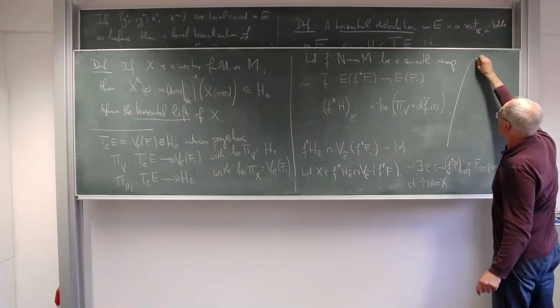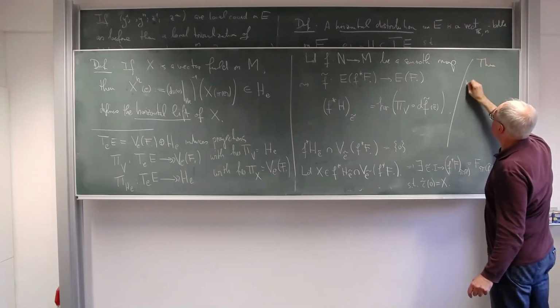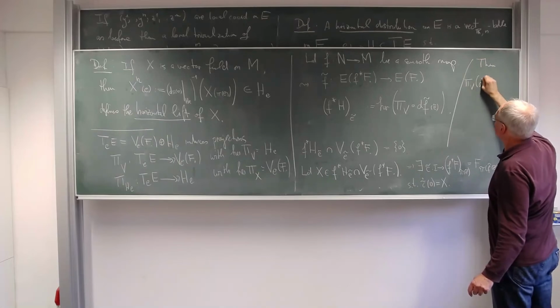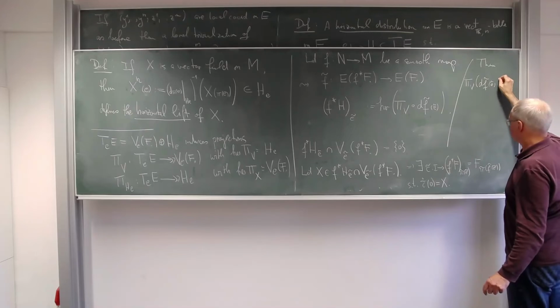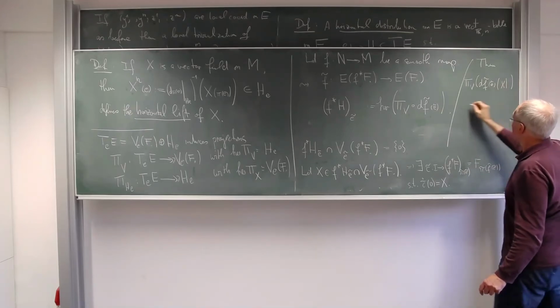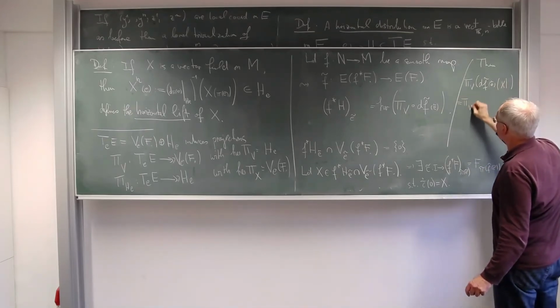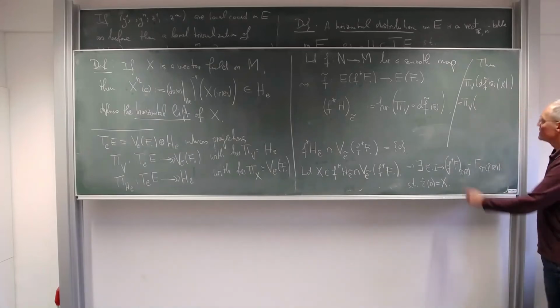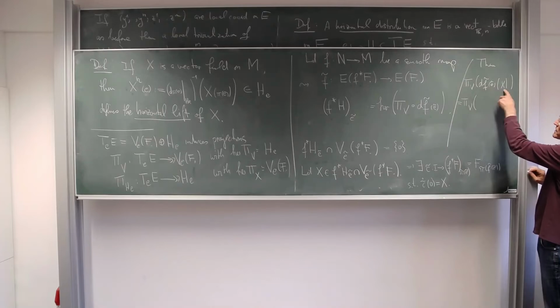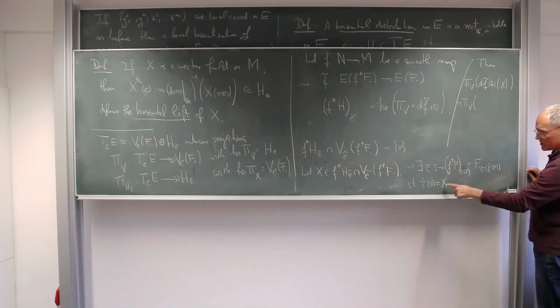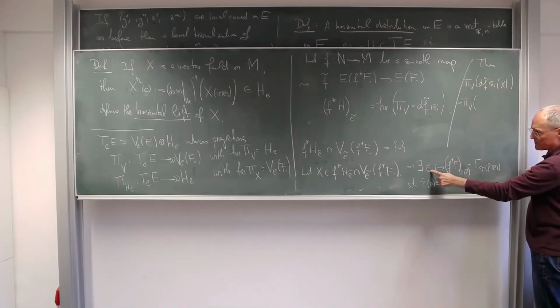So then, f tilde at E tilde applied to this x is equal to pi b of. So what I have to do, I want to apply the differential of f tilde to this tangent vector. The tangent vector is represented by the curve c tilde.